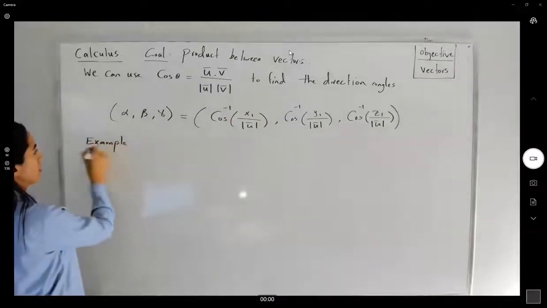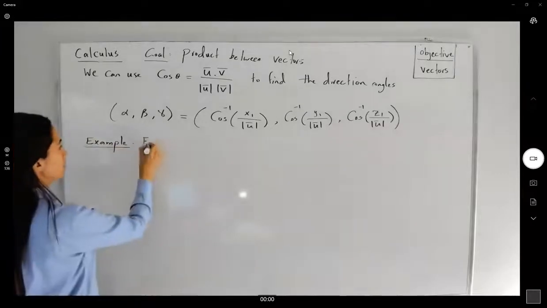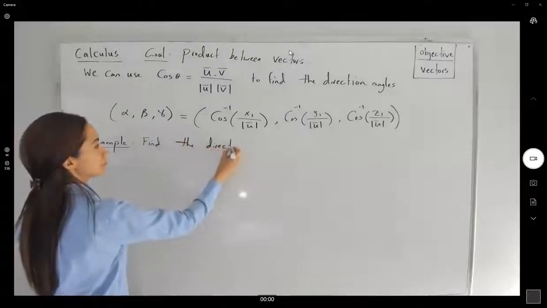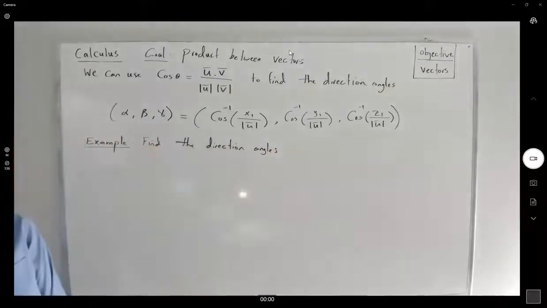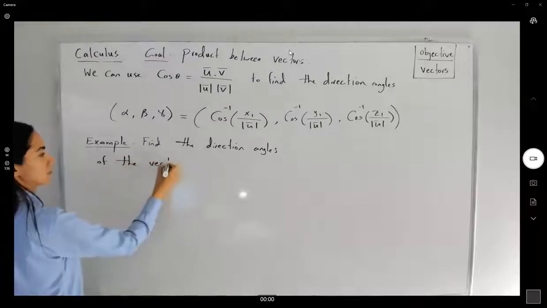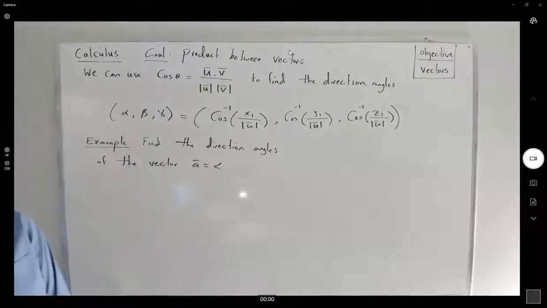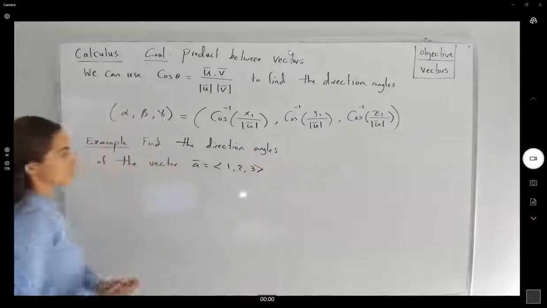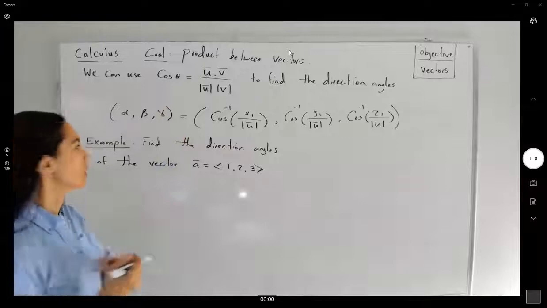Well, in this example, the question says, find the direction angles of a vector A, which is given to us as (1, 2, 3). To find the direction angles, we're going to just follow the formula.